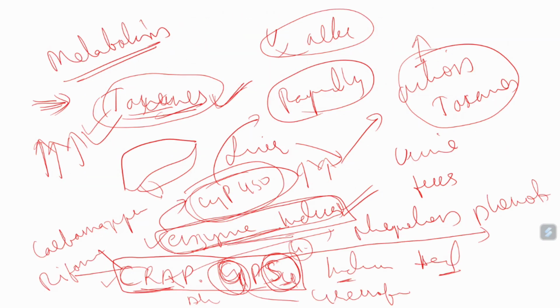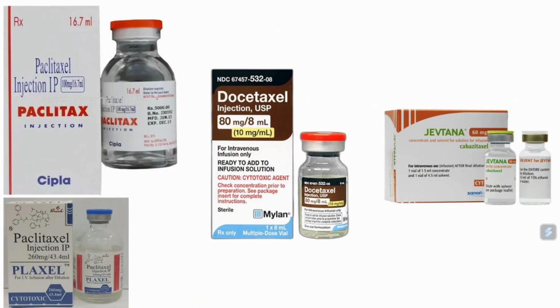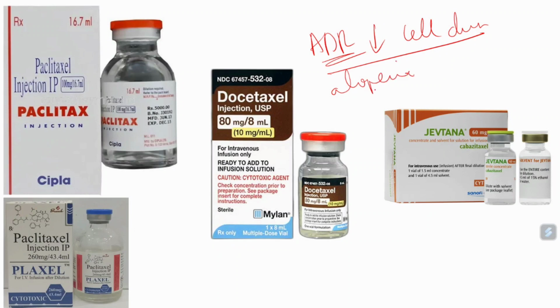Now let us see about the adverse drug reactions of taxanes. Always remember, taxanes are decreasing the cell division, right? So they also cause alopecia, same like Vinca alkaloids. And they cause myelosuppression, meaning bone marrow suppression, because in bone marrow all the cells are dividing rapidly. So rapidly dividing cells are decreased because these are decreasing the cell division.